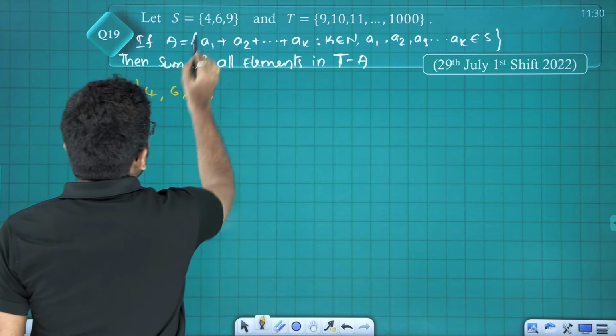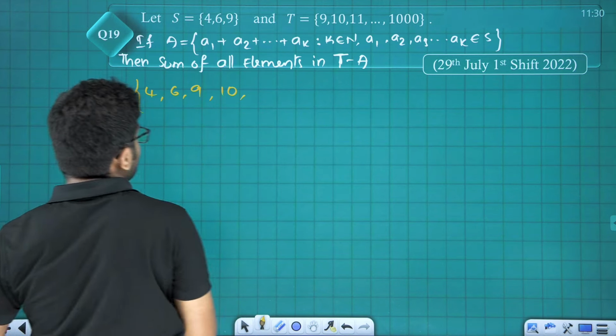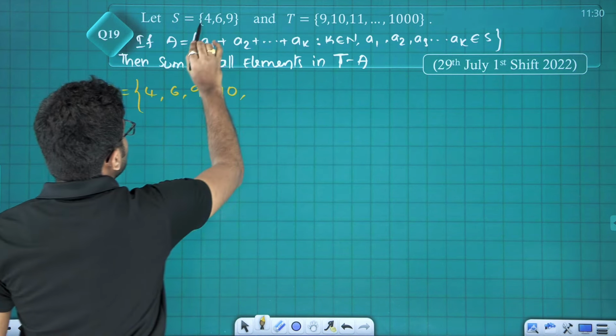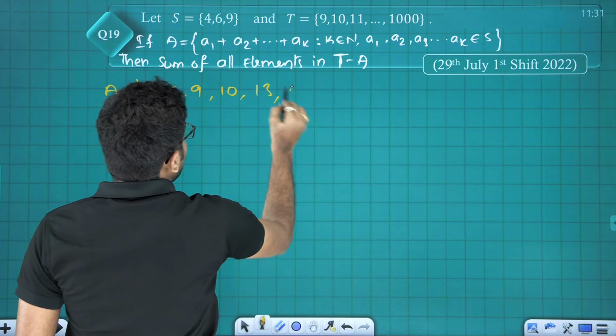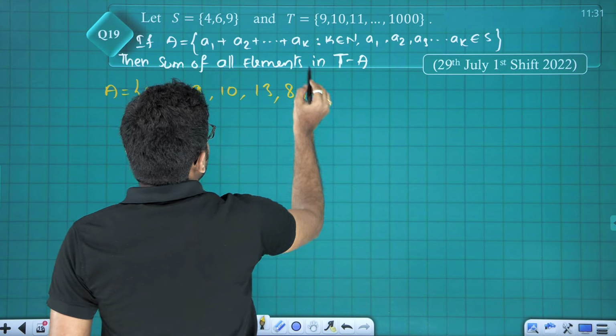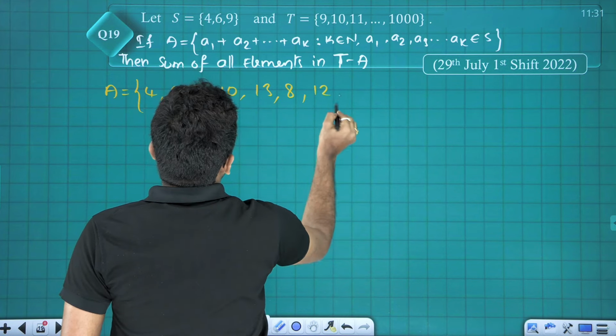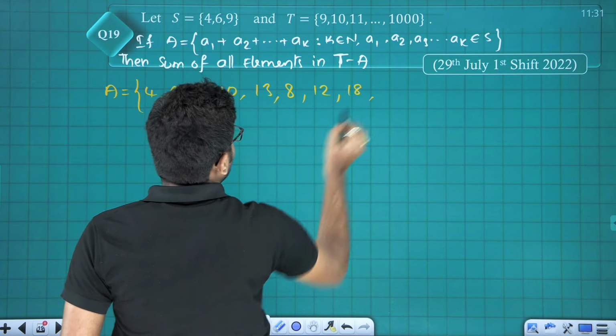If K is 2, 6 plus 4, 10. Say 4 plus 9, 13. Next 4 plus 4, 8. 6 plus 6, 12. 9 plus 9, 18.